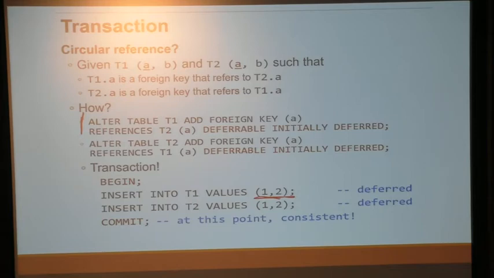It will be done later. And when it is done later, it's already consistent because now I have this value at T2. So that's the magic of transaction. You can always defer something to the end. Okay, any questions on this?